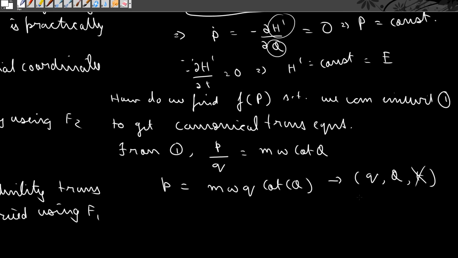We have seen that a generating function of type 1 is in fact going to give us such a relation, because our F1 is going to be a function of our old coordinates, new coordinates and time.